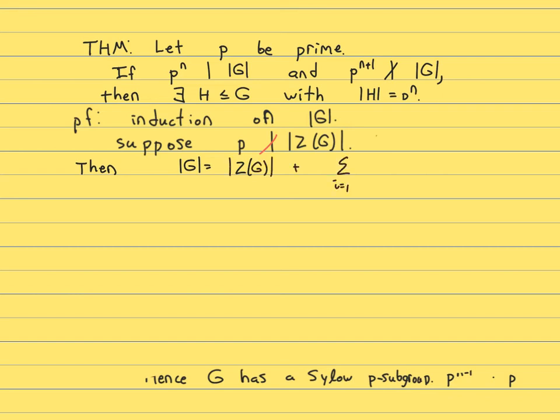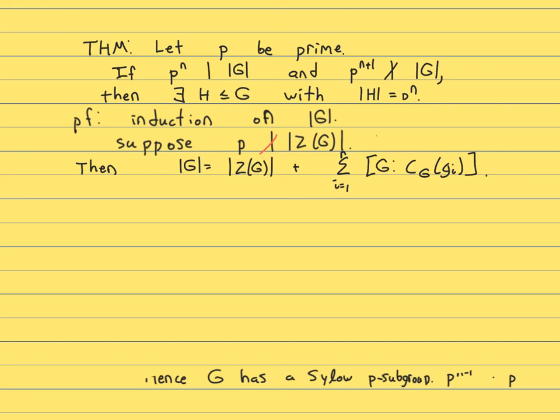Which means that we've created a bunch of elements for each conjugacy class, chosen distinct representatives, and we know by the class equation that the size of G is equal to the size of the center plus, for each representative of each conjugacy class, the index of the centralizer of that representative in G. Well, P divides the size of G, obviously.